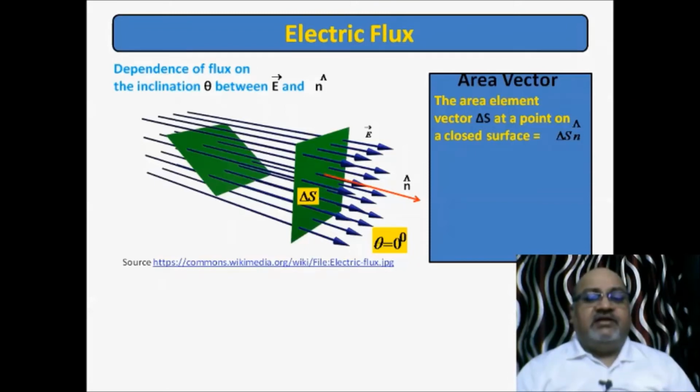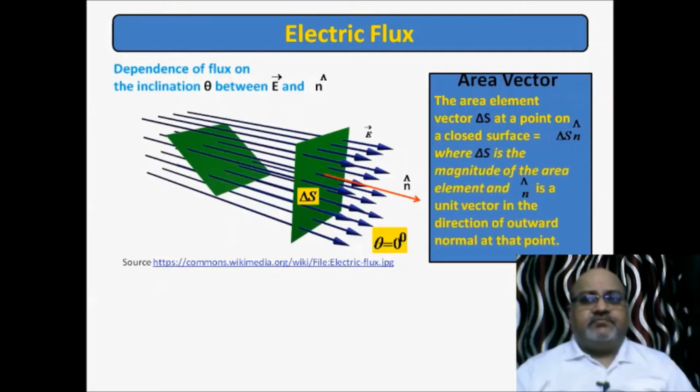So area vector, this area element is a smallest segment of the area on a closed surface, part of it. To make this delta S a vector, we multiply it by n cap, it becomes area vector. Where delta S is the magnitude of the area of element, n cap is the unit vector in the direction of outward normal at that point.